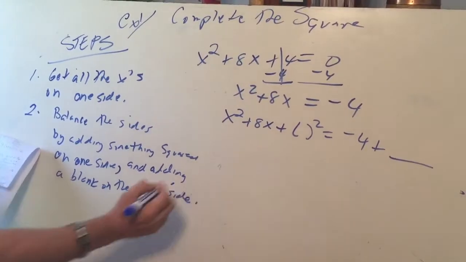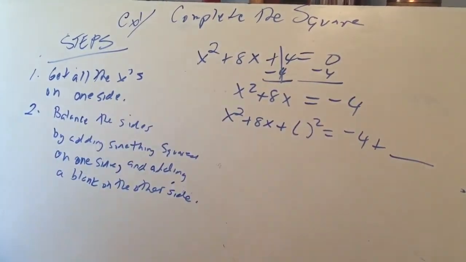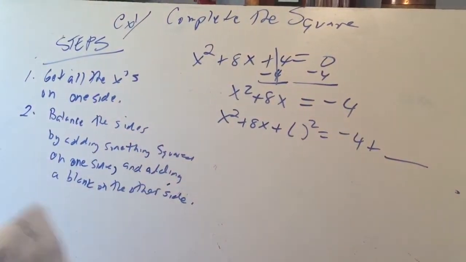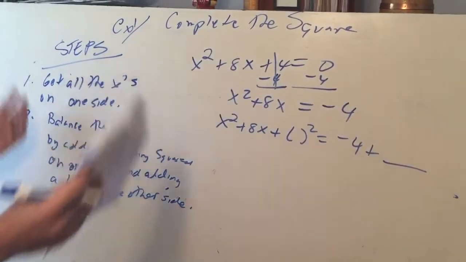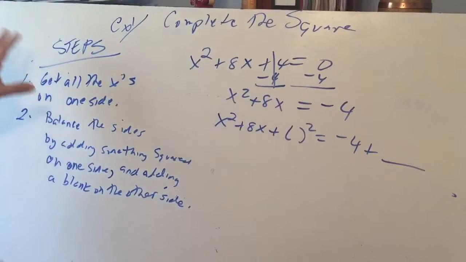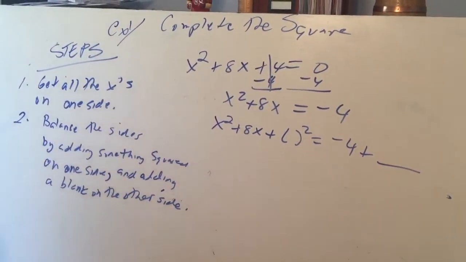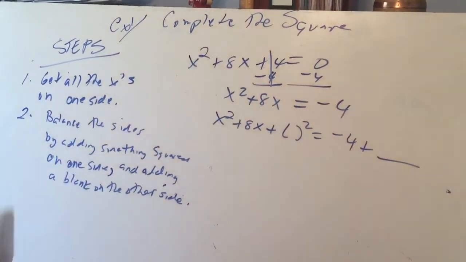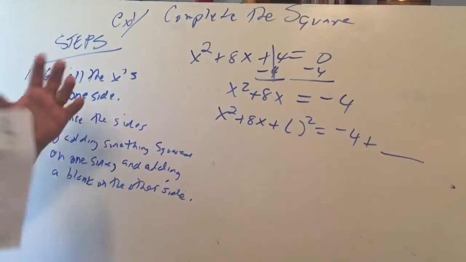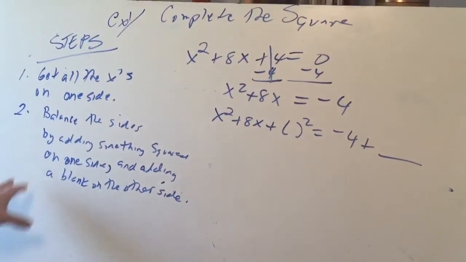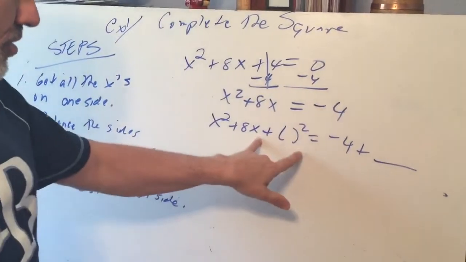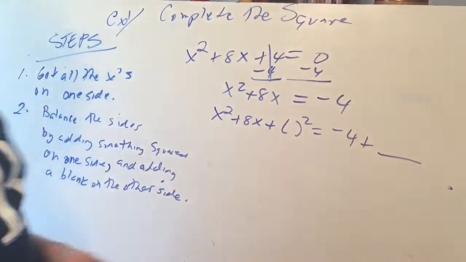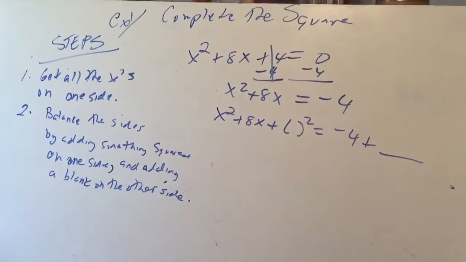Now, guys, as you know me now for a very long time, I'm going to write it exactly the way I say it. So I'm not going to go into the theoretical part the way the book does it, you would be lost. But I'm going to show you in my way, which is always the simplistic way, okay? So all I did here is I balanced the side by adding something squared and then balancing the side by adding a blank on the other side.